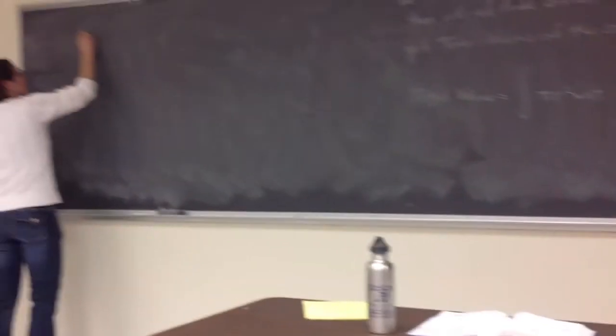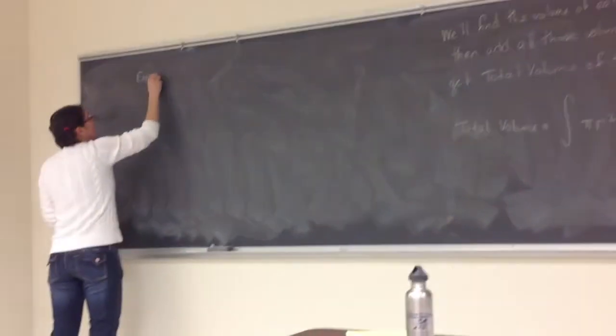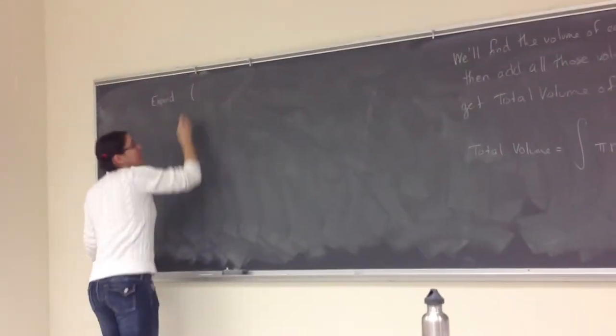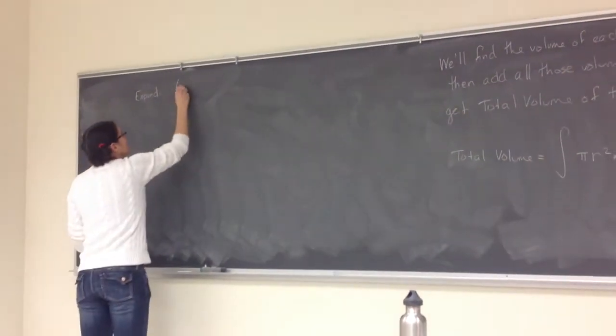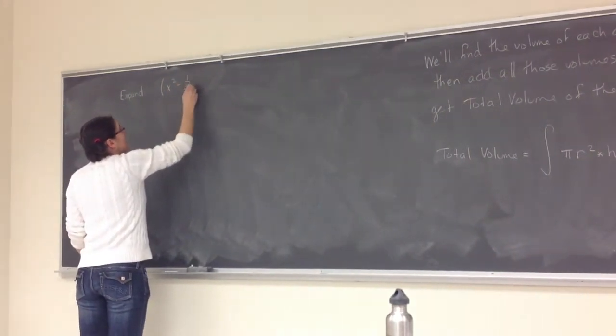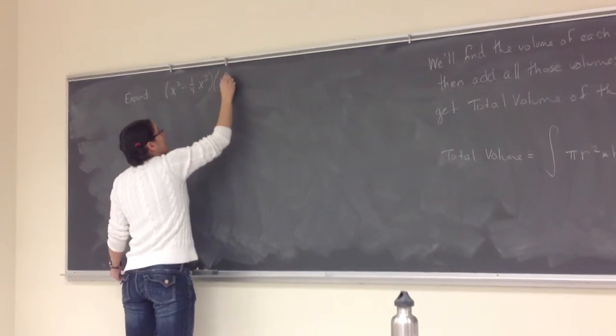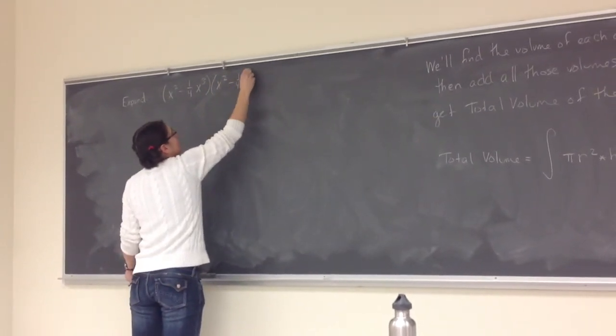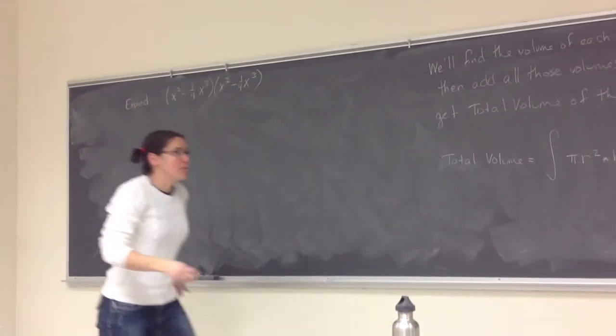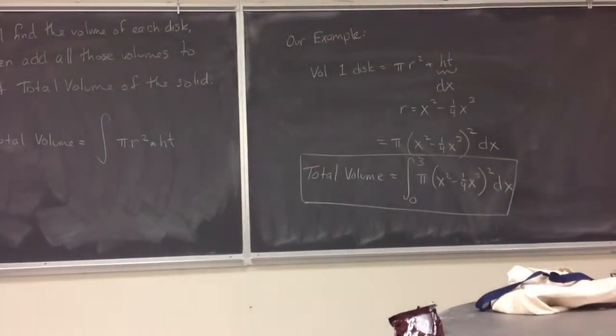All right, so I'm going to expand the (x squared minus 1/4 x cubed) squared. And remember, when we expand, we actually have to distribute stuff. And I don't mean distribute by just putting the square inside here. I need to make sure that I multiply everything out.